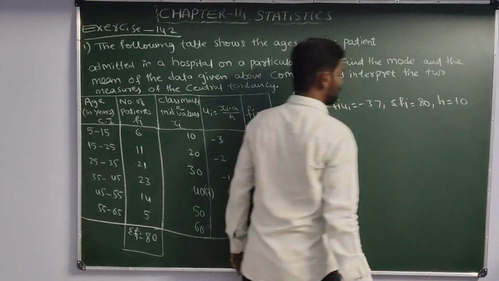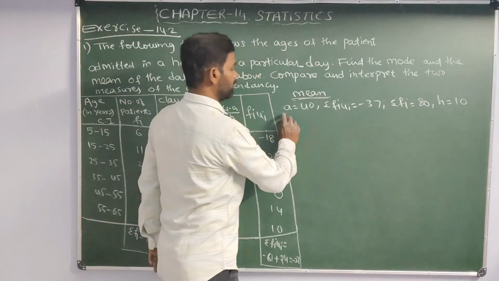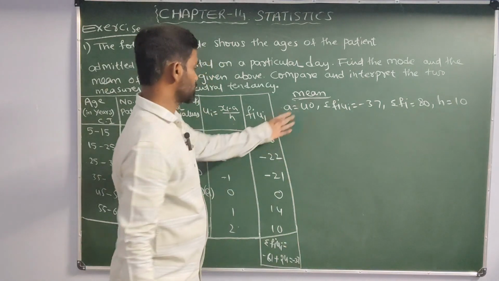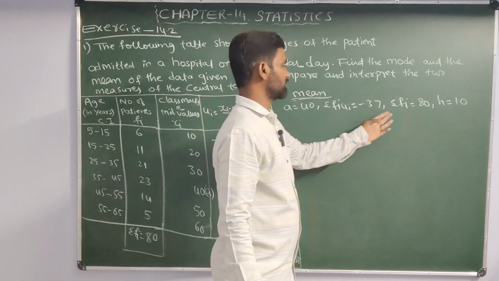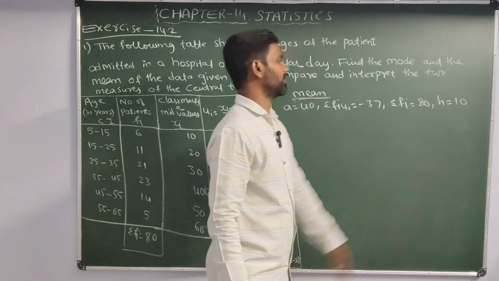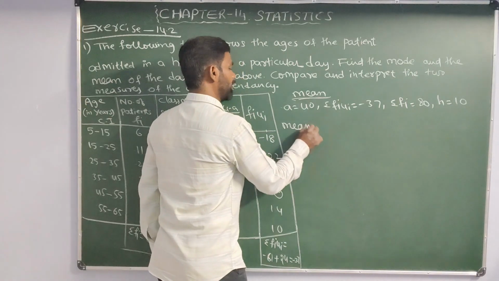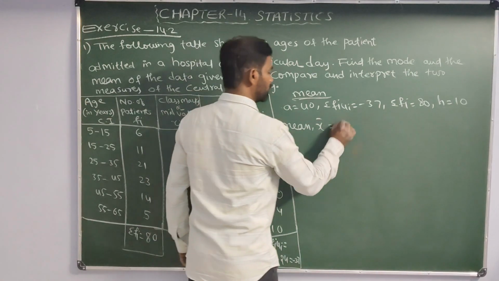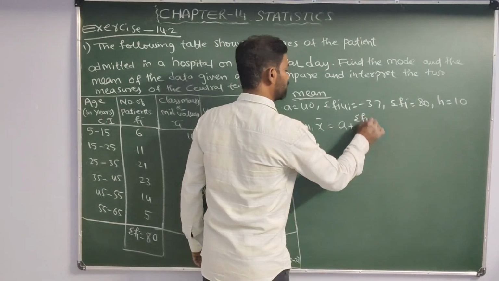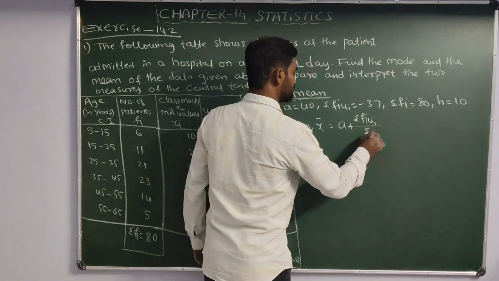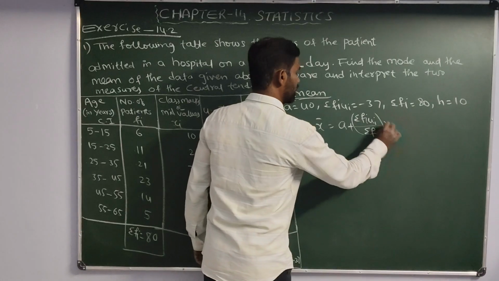So what is the formula? Mean x bar is equal to a plus sigma FiUi by sigma Fi into h.